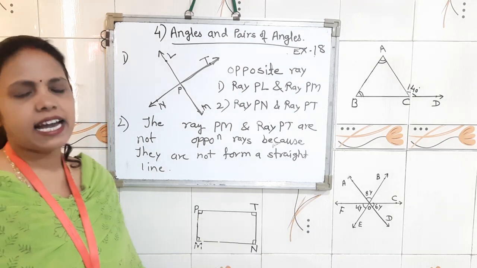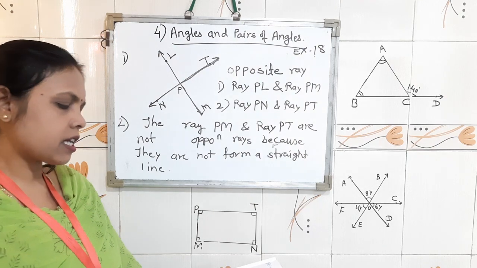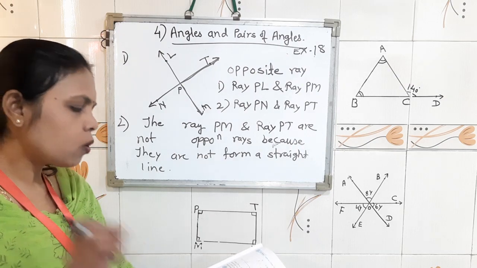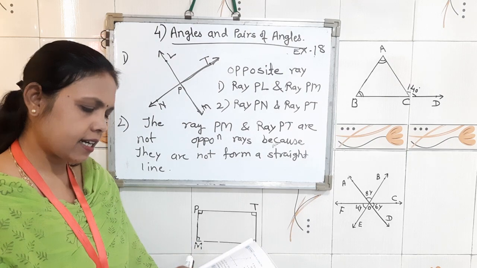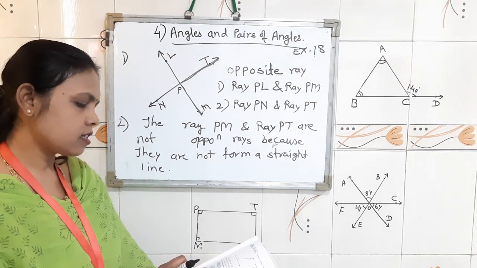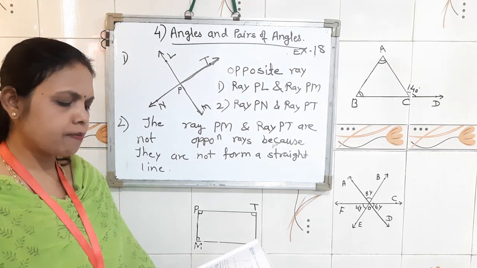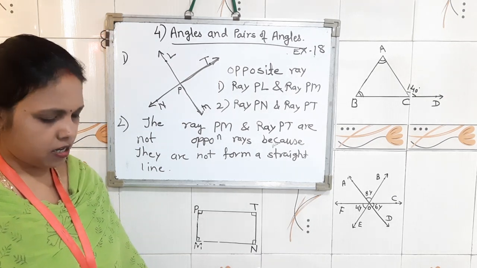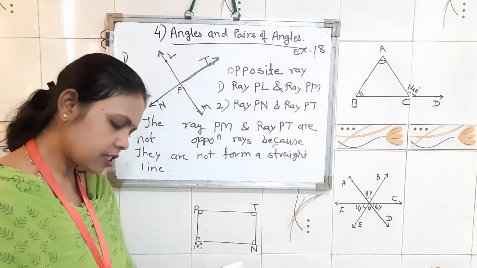now exercise 19. In exercise 19, on page number 29 you learn the given box, that is, in the rectangle box the statement is given: angles which have a common arm and whose other arms form a straight line are said to be angles in a linear pair. Angles in a linear pair are supplementary angles.